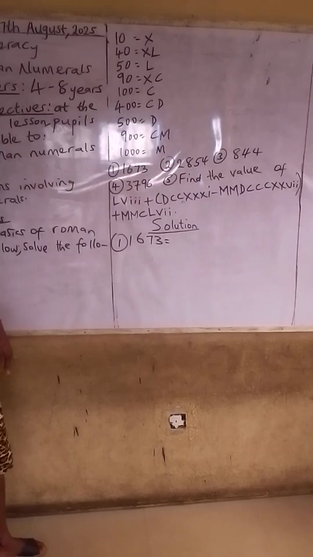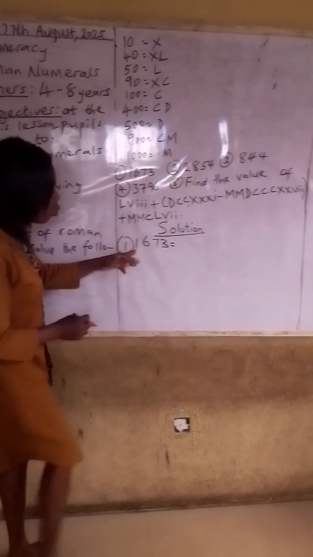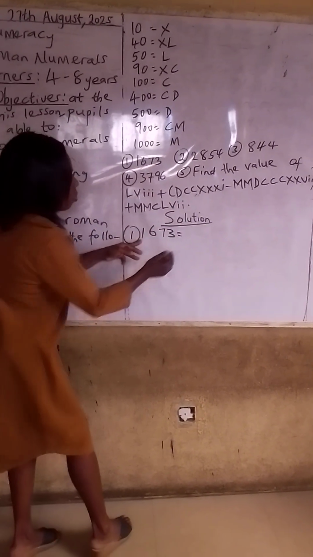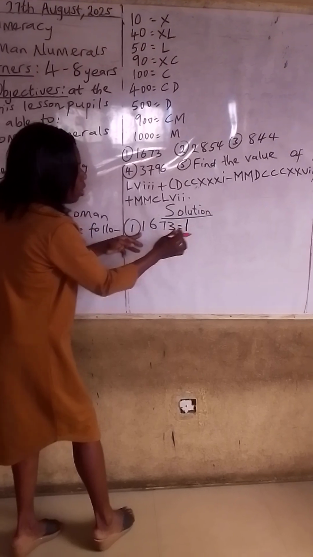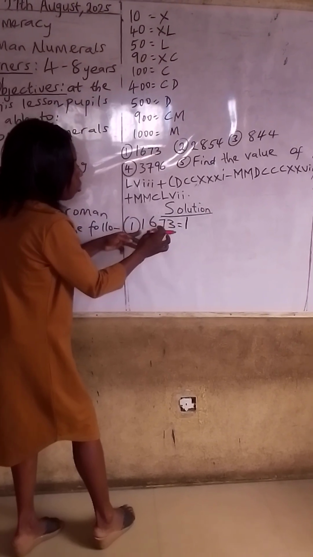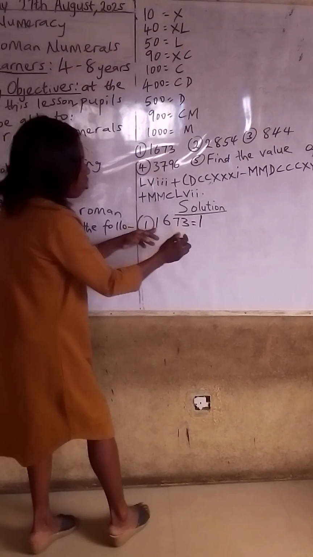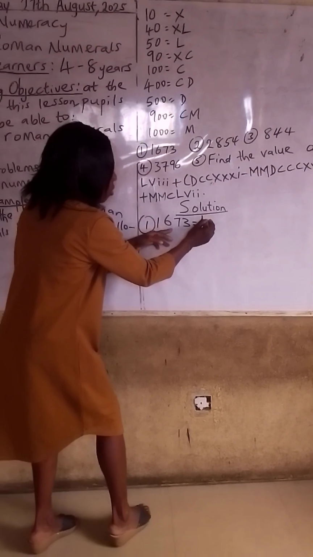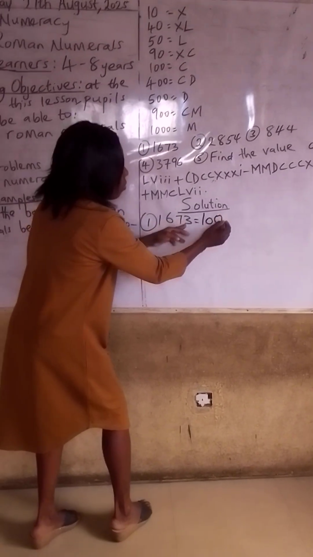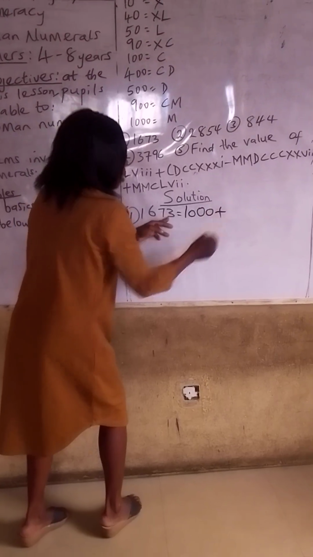How do we separate? Bring out 1. This is 1. You bring it out. Turn every other figure there to 0: 0, 0, 0. Don't forget, write the first figure and turn the others to 0. So we have 0 for this, 0 for this, and 0 for this. Put your addition sign.